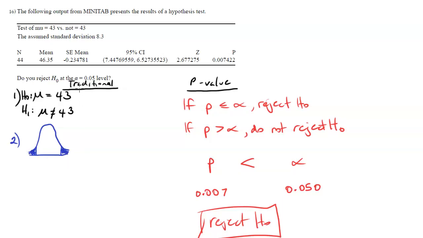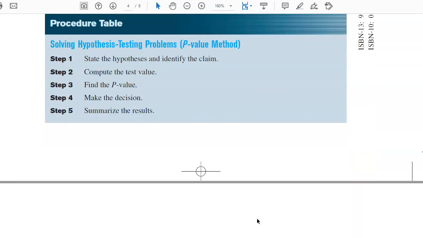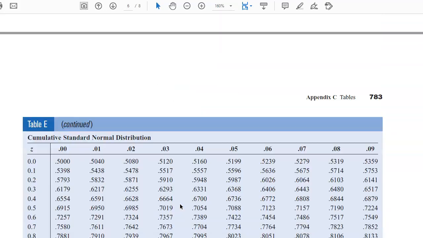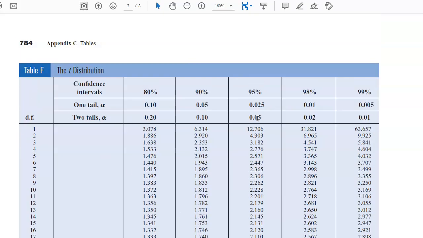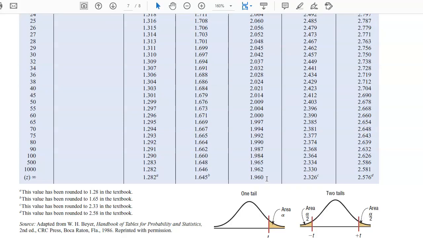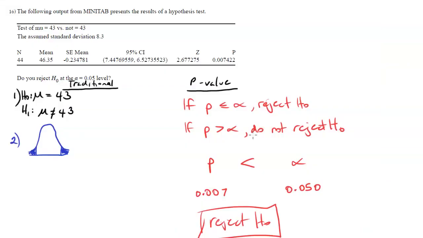So two-tailed, 0.05. Let's go to our formula sheet, go down to the t distribution. Two tails, 0.05 is our alpha. That z critical value is 1.96. So this is 1.96 and negative 1.96, right?